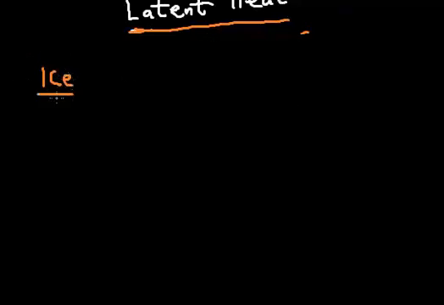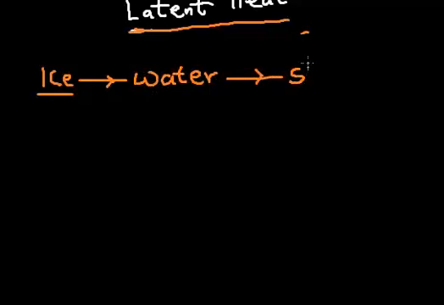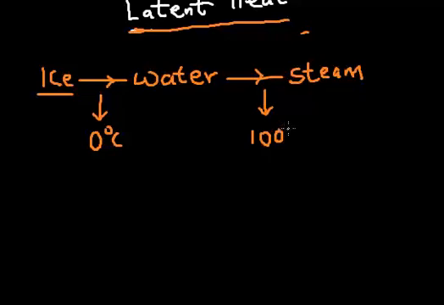When you heat ice, it changes to liquid water. Then when you heat water to boiling point, it changes to steam. We know this occurs at a particular temperature, which for ice is 0 degrees Celsius, and for water it happens at 100 degrees Celsius.